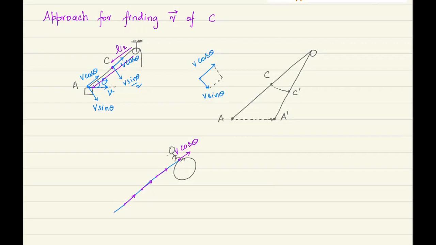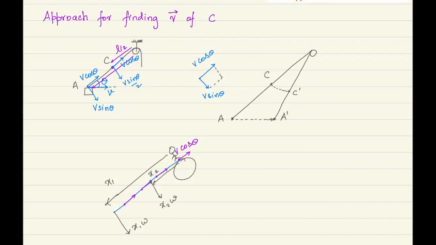So if this distance over here is some x1, the end of the string, and you take some other point on the string at a distance of x2, then the point which is at a distance of x1 as seen by that observer will have velocity perpendicular to the string x1 omega, and the point which is at a distance x2 will have a velocity of x2 omega as seen by that particular observer.